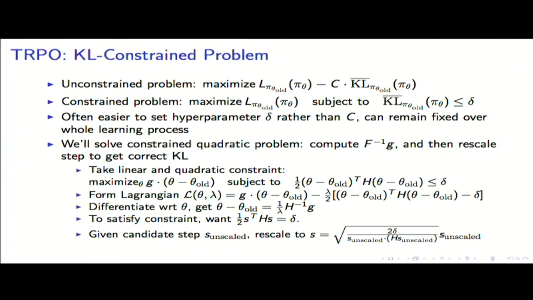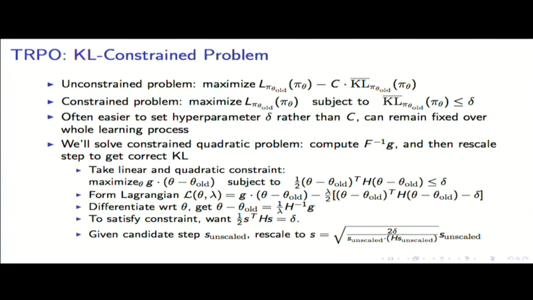We take H inverse times the gradient to get our unscaled step. Then we rescale it by multiplying by this coefficient, which is the square root of 2 times delta over the quadratic form of the unscaled step: Hessian times unscaled step, dot producted with the unscaled step.